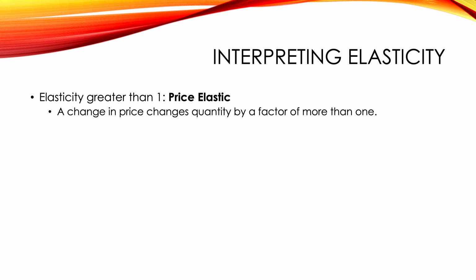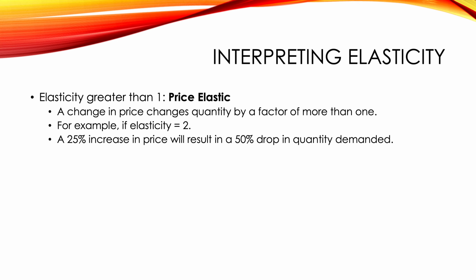So for instance, let's imagine that you came out with an answer of 2, elasticity were equal to 2. If the price increased by 25% for that good, you would see a 50% drop in the quantity demanded. It's a factor of 2. A 25% change in price results in a 50% change in quantity demanded. In the opposite direction though, you have to remember, one goes up, the other goes down.